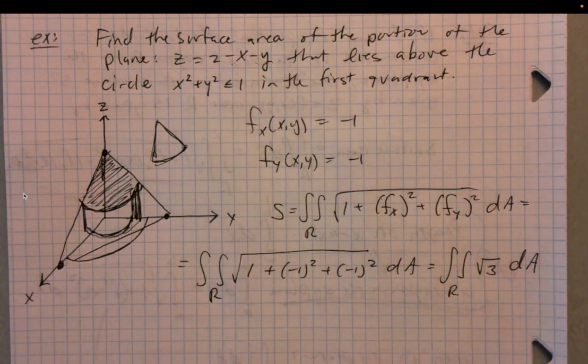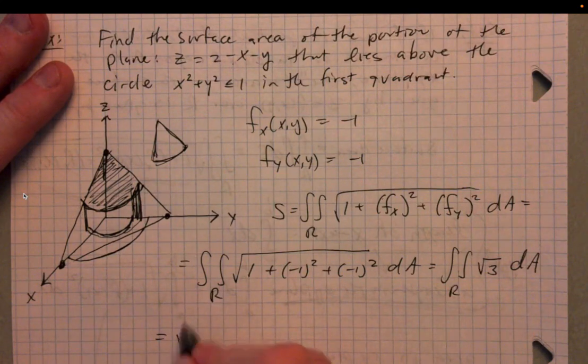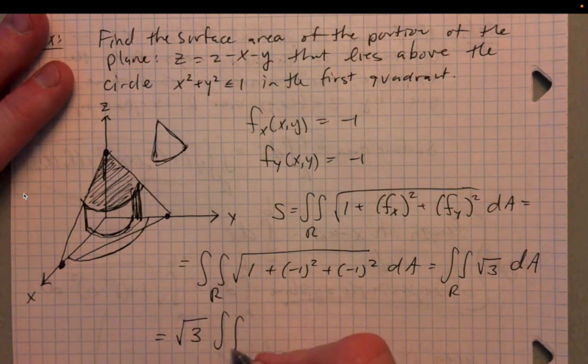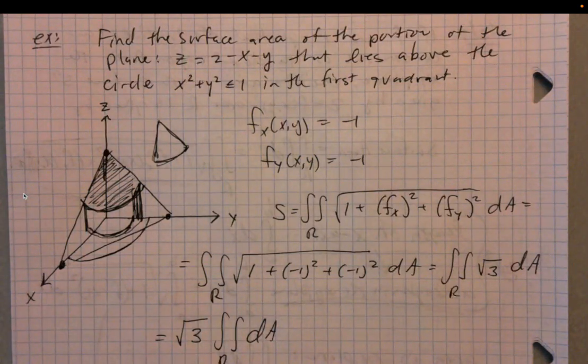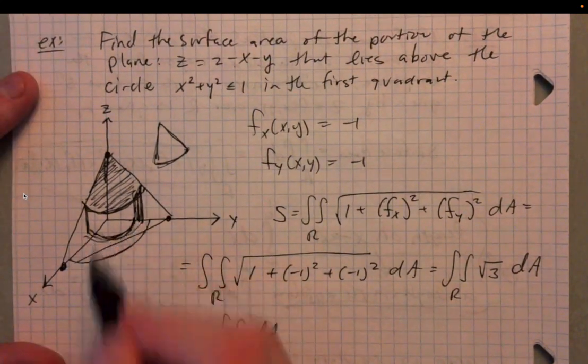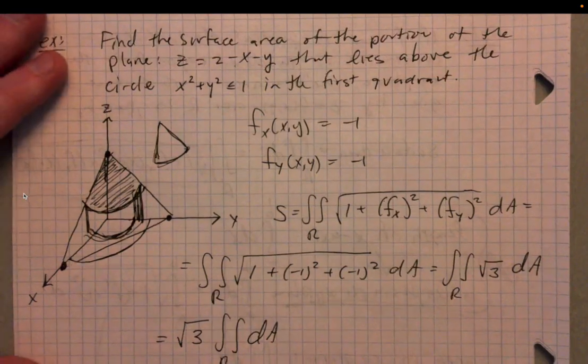Okay, and so in this case, what are we looking at? Well, this is basically just the square root of 3 times this double integral dA. So pretty much it's just the square root of 3 times whatever the area of the region R is. And the region R, remember, is just a quarter circle of radius 1.